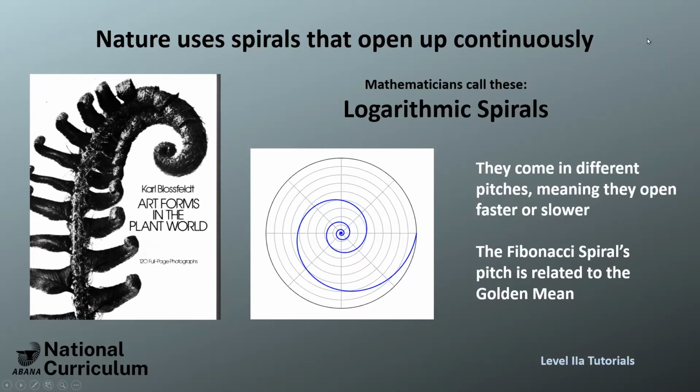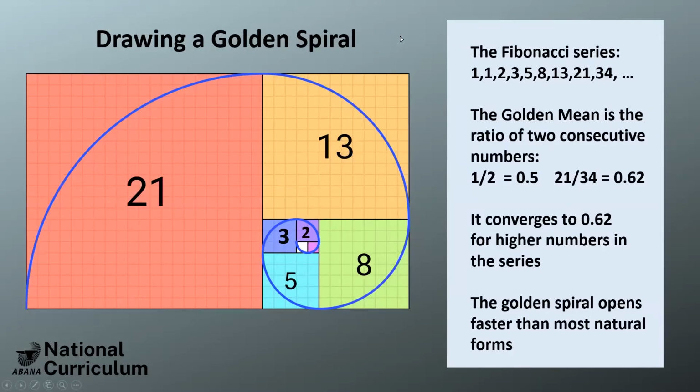Often you read about the golden spiral or Fibonacci spiral. That is one of the various pitches that is possible, and it's related to the golden mean. This drawing is commonly seen too, how to create a golden spiral.